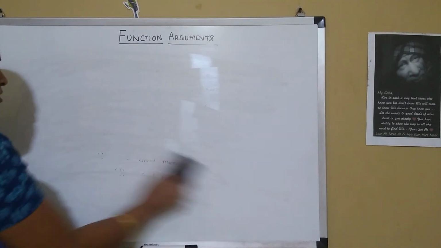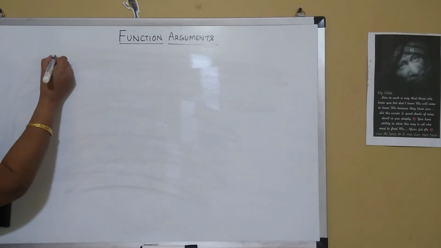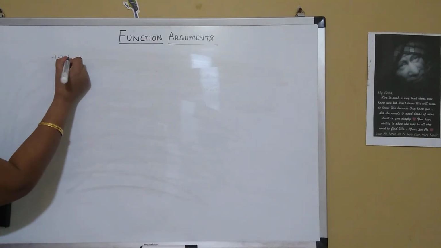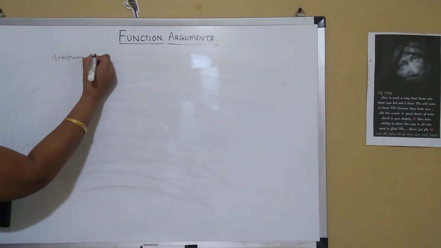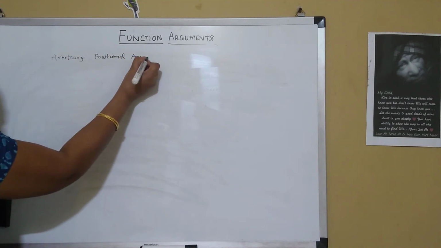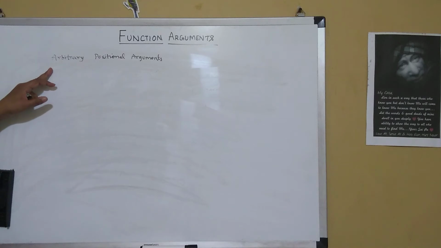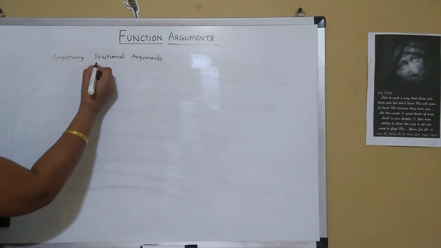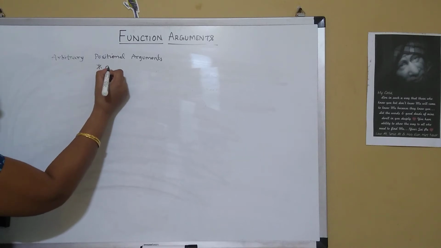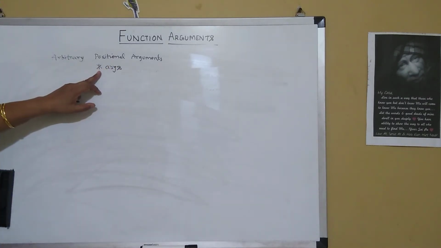Now let's quickly move on to the other two types, that is the arbitrary positional arguments. In this case, it takes n number of values from the function call and we can have one argument in the function definition, and it should be prefixed with a star.